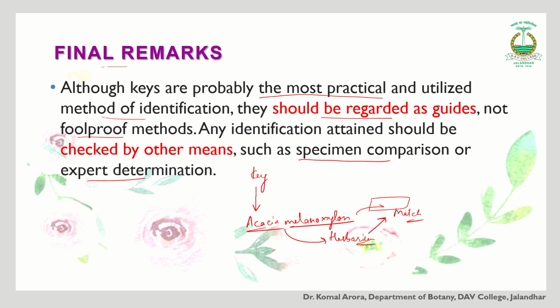So this is how you should definitely use taxonomic keys as identification aids, but these are not foolproof methods. You have to authenticate your results with the help of either herbarium specimen matching or some expert. Only then the data should be considered as authenticated and should be presented.